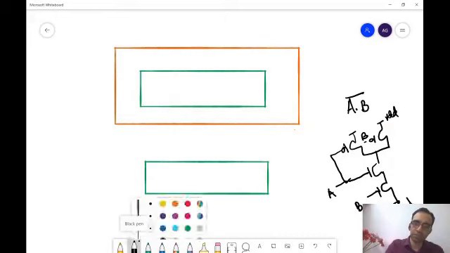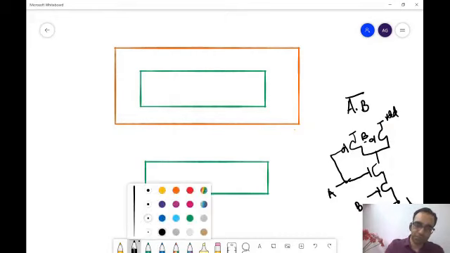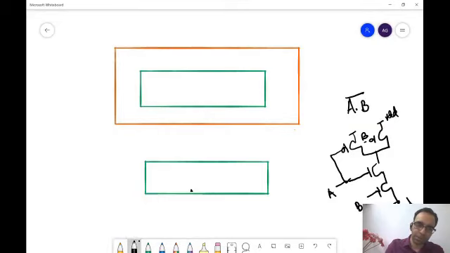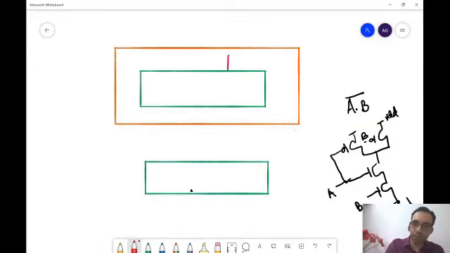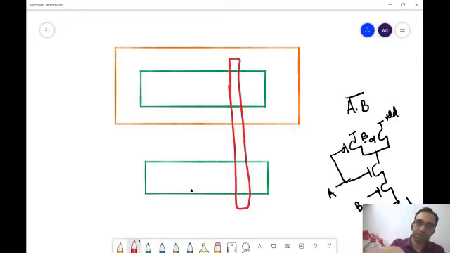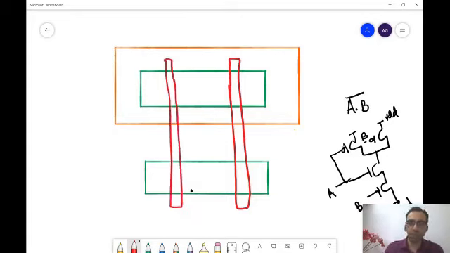You would say that, okay, let me make the polys, where this poly would represent one input, this poly would represent another input.